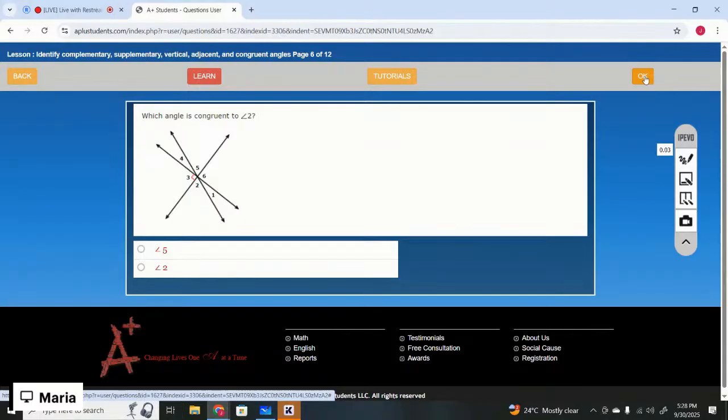Which angle is congruent to angle 2? That is angle 5. Option number 1 is the correct option.